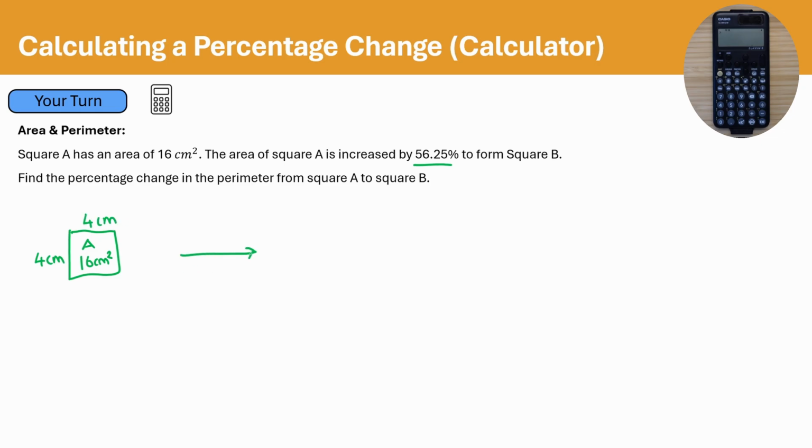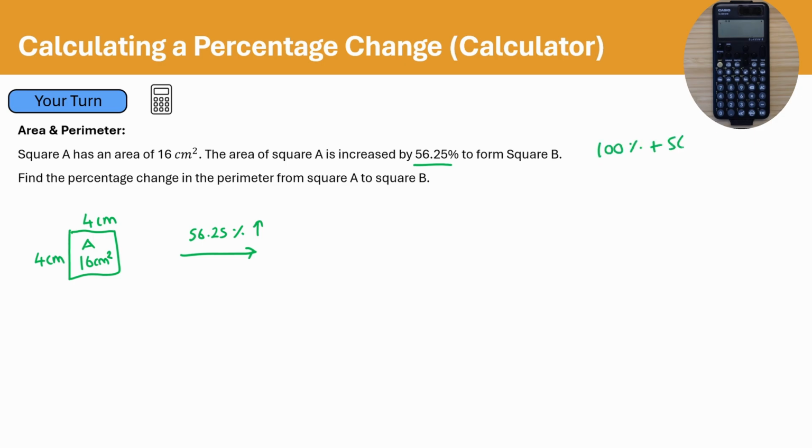And the area of square A has been increased by 56.25%. I want to go ahead and turn that increase into a decimal multiplier. To do that, remember we start with 100%, that's your square A. We've gained 56.25%. That takes us to 156.25%. Turn that into a decimal multiplier by dividing by 100.